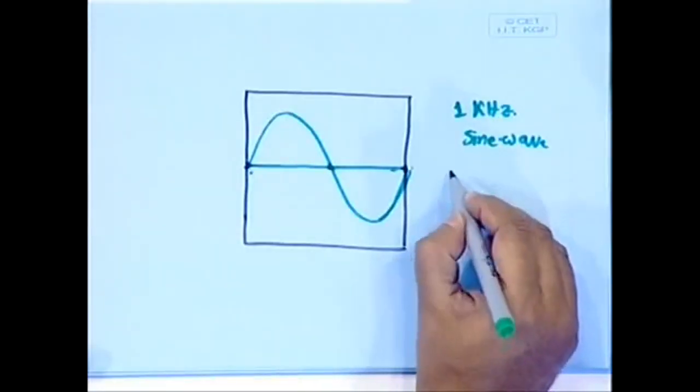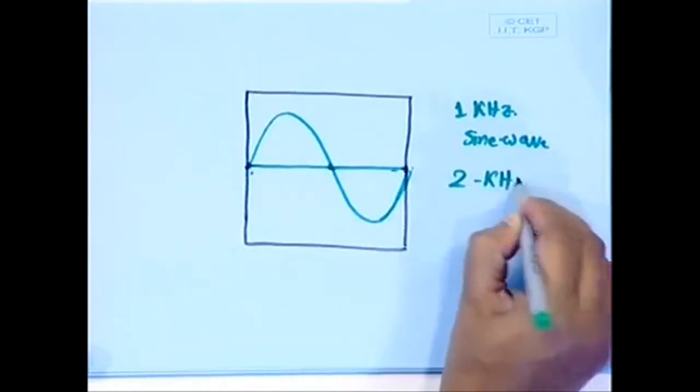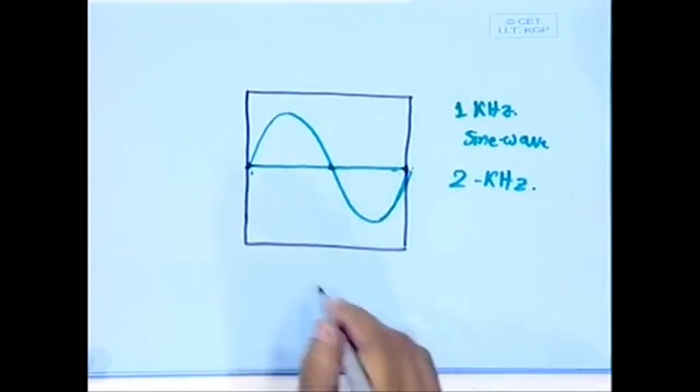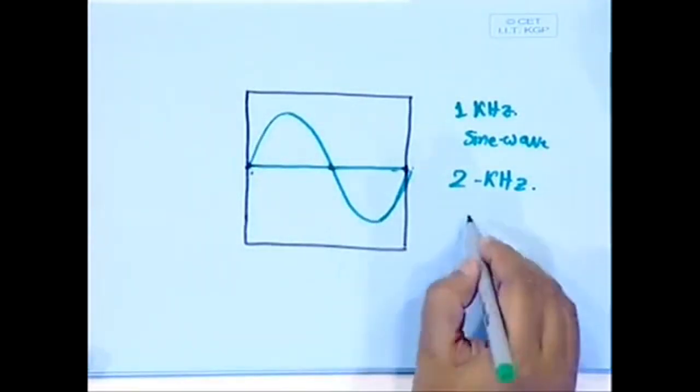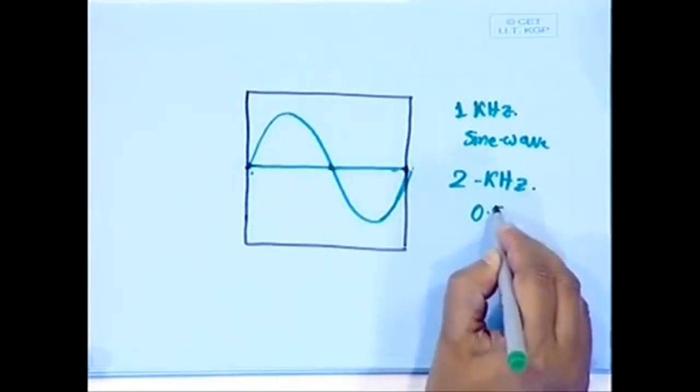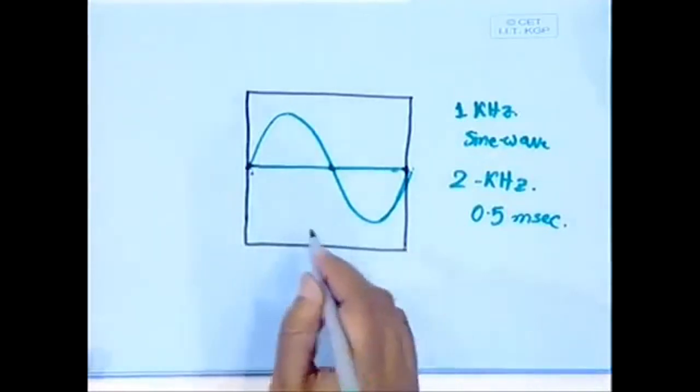Now, instead, if you are feeding a 2 kilohertz sine wave instead of 1 kilohertz, then what happens? Then you will be seeing 2 complete cycles of a sine wave. Why? Because 2 kilohertz means it is 0.5 milliseconds, so that we will be completing 2 cycles.